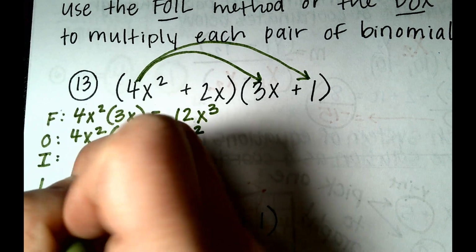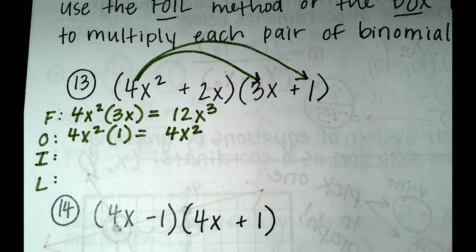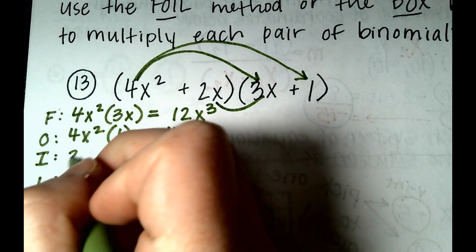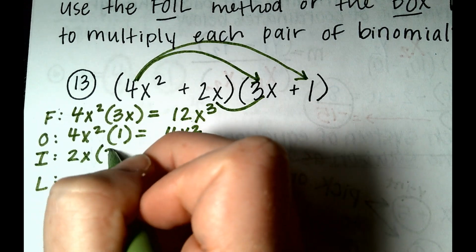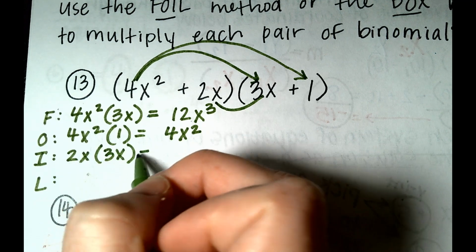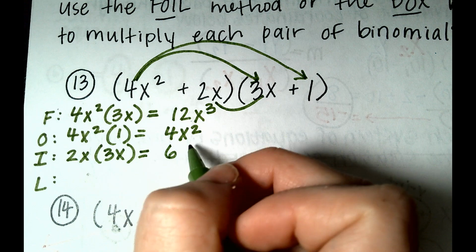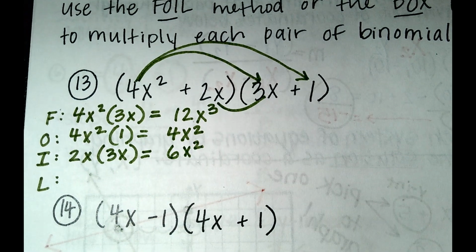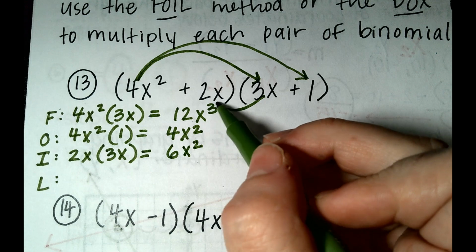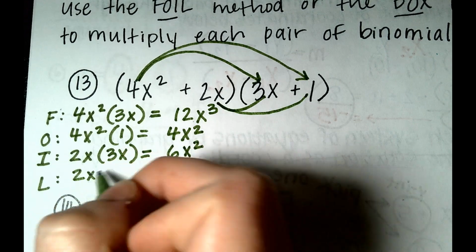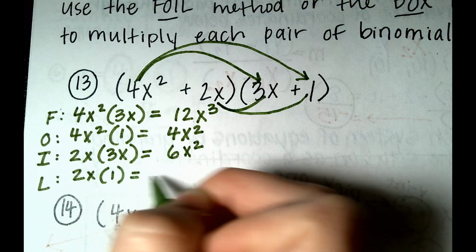Now we have the inner terms, which are what? 2x times 3x. Yes, 2 times 3 is 6. x and x give us x squared. And our last terms? 2x and 1. Perfect. 2x times 1 gives us 2x.